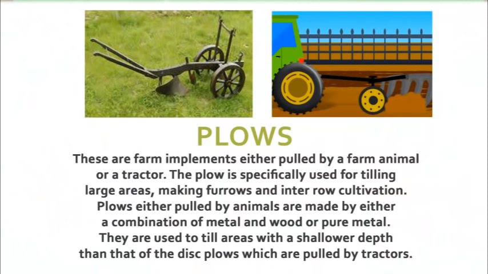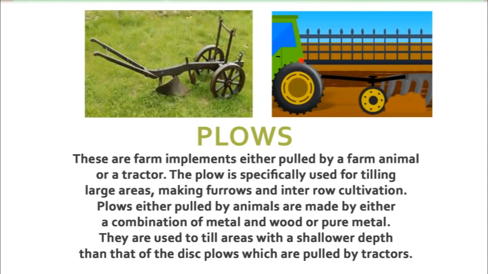We also have accessories which are being pulled by working animals or mounted to machineries like hand tractor, which are usually used in the preparation of land. These are usually made of a special kind of metal. Plows are farm implements either pulled by a farm animal or a tractor.